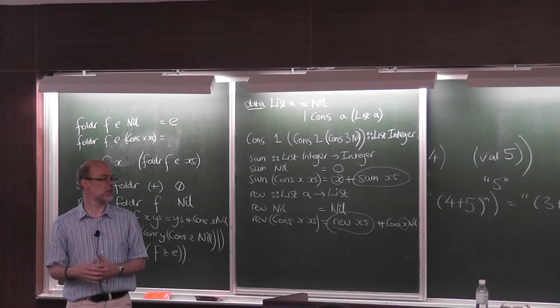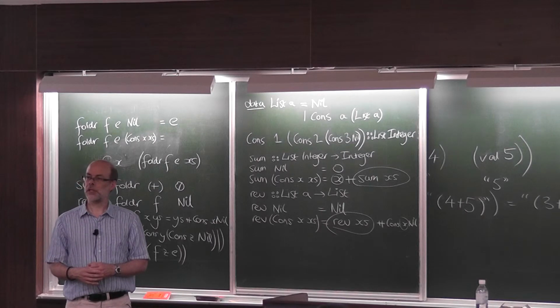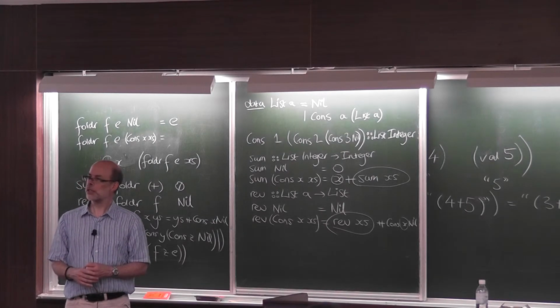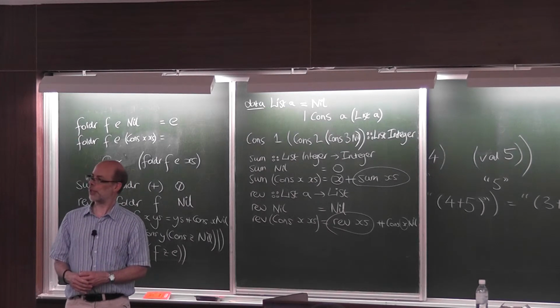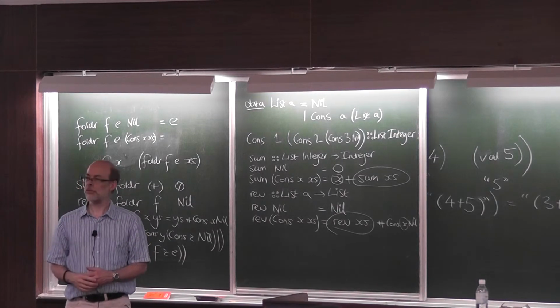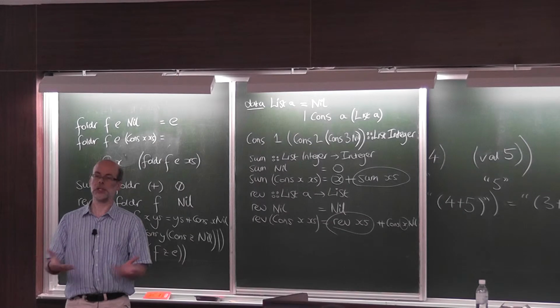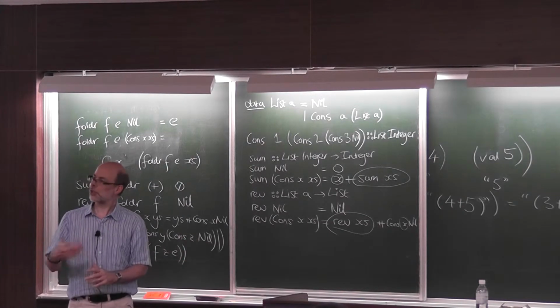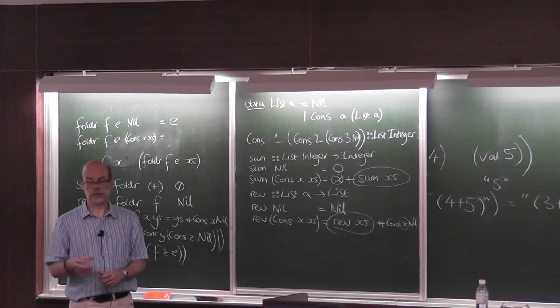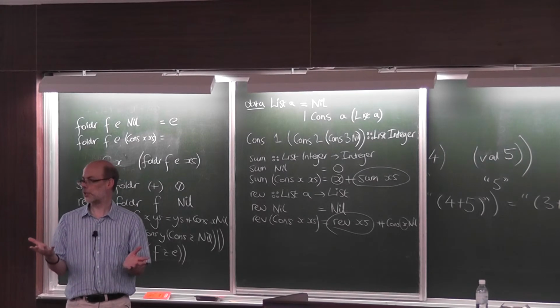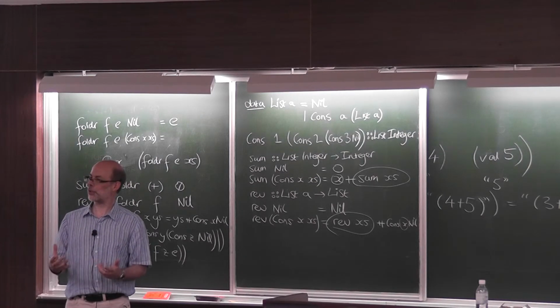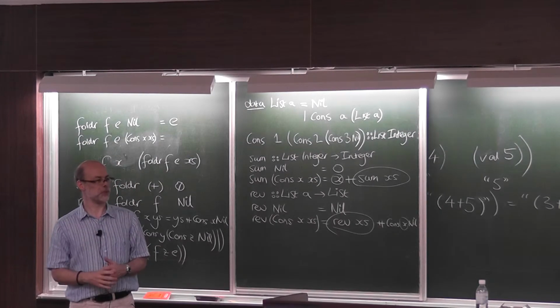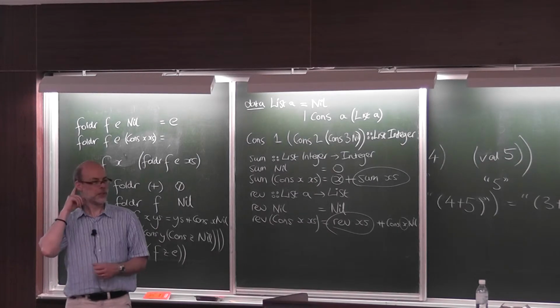It's not something I knew until, in fact, this time last July, I was giving lectures at a different summer school about embedded domain-specific languages and functional programming, and I was trying to work out what deep embeddings and shallow embeddings mean. Lots of people have been using these terms. I didn't invent them, but I was trying to work out the essence of it, and I observed that the essence of it is about folds, and I think that's a new result. And I have evidence that other people think it's a new result because I wrote a paper about it, and it was accepted for ICFP, International Conference on Functional Programming, this year.